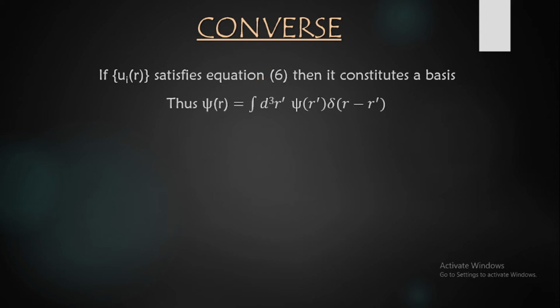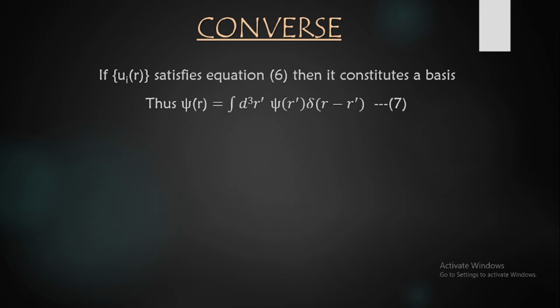And any function xi of r can be written as integration of d cube r dash into xi of r dash into delta r minus r dash. So again, all these r and r dash are vectors. You can just put an arrowhead or else make it bold. So earlier we went from top to bottom, now we will go from bottom to up. That is what a converse is.